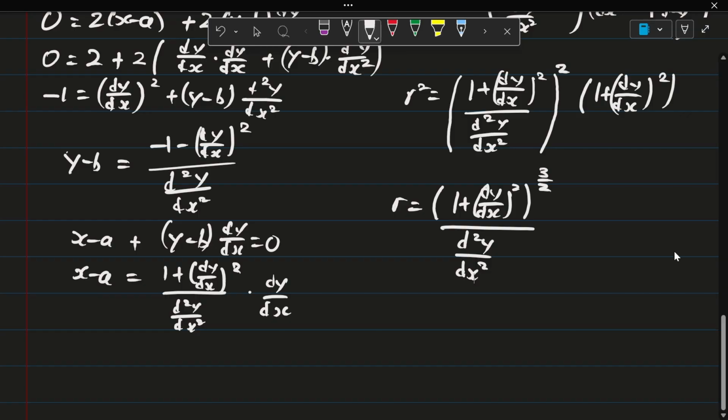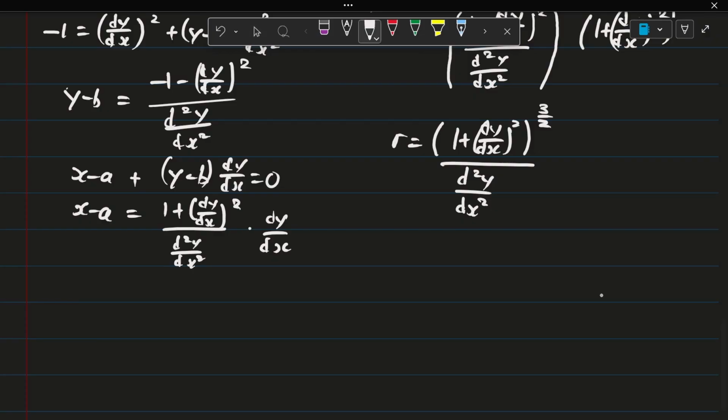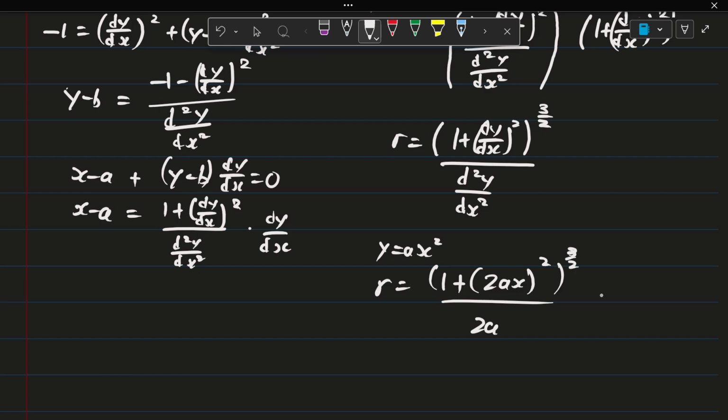So if we plug in your y equals ax squared, your r is going to be 1 plus (2ax) everything squared, over the second derivative of your y, which is 2a. Evaluating this when x equals 0, what you obtain is 1 over 2a, which is your radius of curvature.